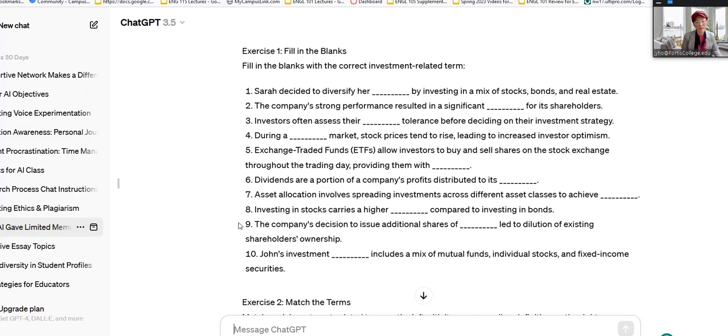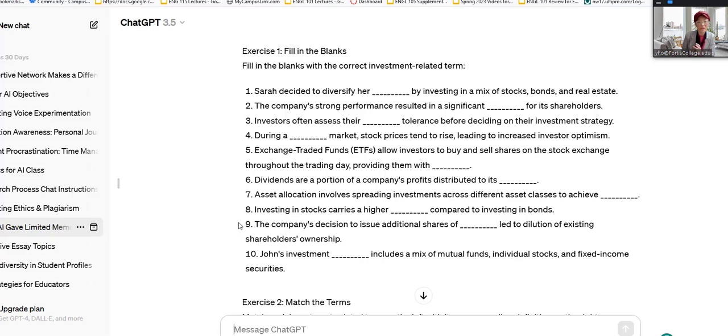And so here, "Sarah decided to diversify her portfolio by investing in a mix of stocks, bonds, and real estate." "The company's strong performance resulted in a significant dividend, I think, or profit for its shareholders."